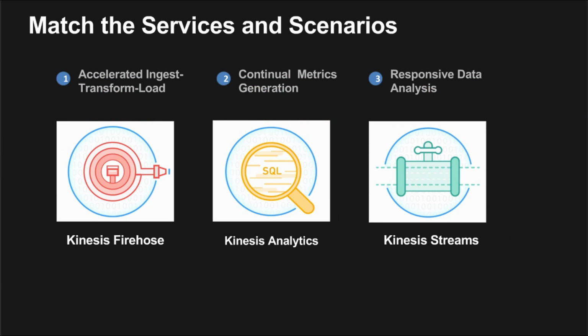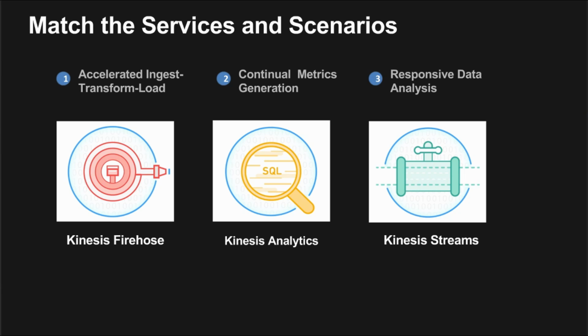So just to match the services and the scenarios, Kinesis Firehose is, again, as we just talked about, a way to ingest that data and even transform it before it lands. So you can have data coming into Firehose, you can filter it and process it and convert it and have that written, say, to an S3 bucket.